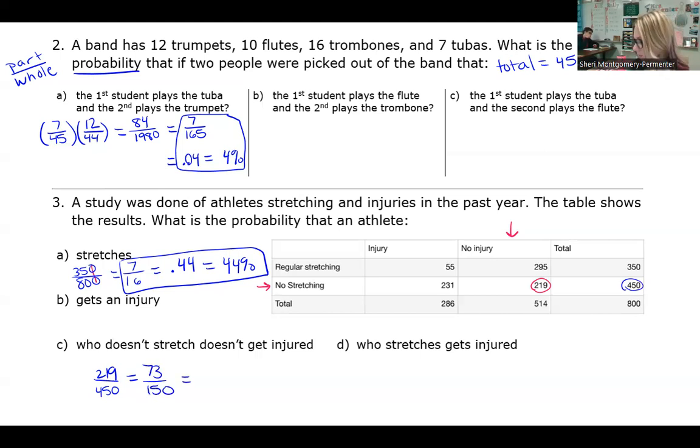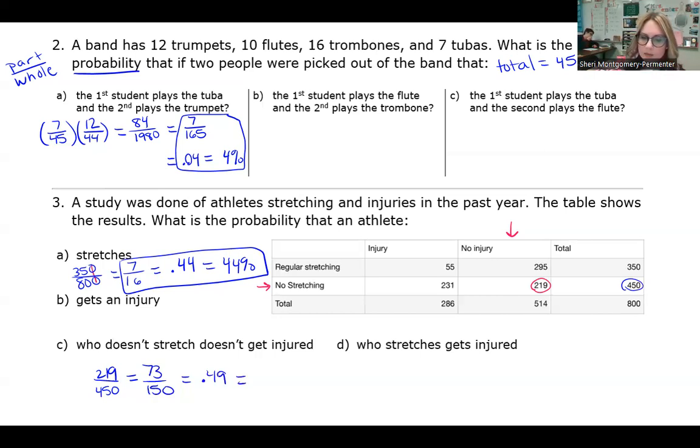And what is that as a decimal? What'd you get? 0.4 what? Very good rounding.